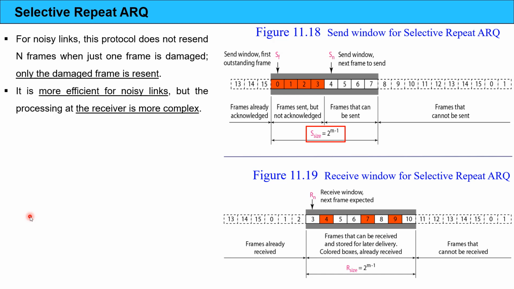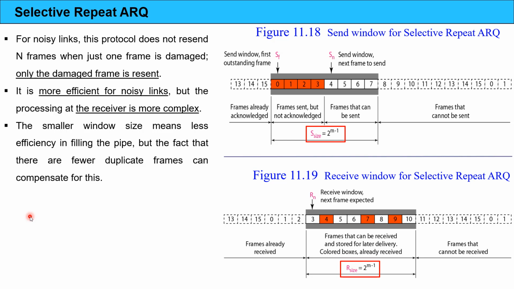In go back n, it's always 1, whatever m. But here, in selective repeat, it depends on m. So it's 2 to the power m minus 1. So in go back n, it's always 1. In selective repeat, 2 to the power m minus 1. So the window size is different. Okay?